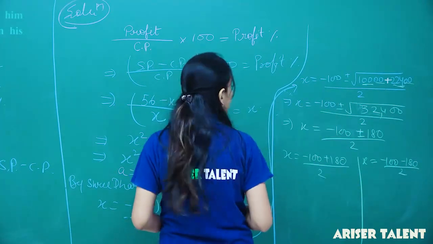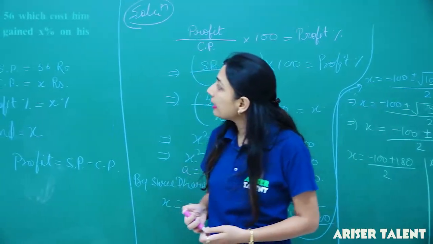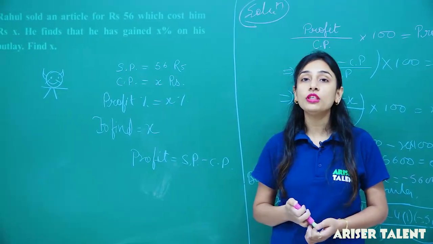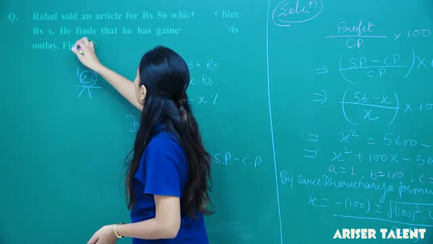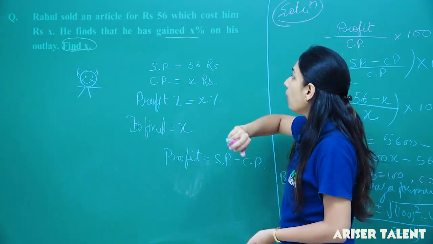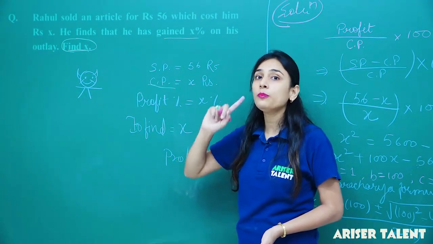Now the question is about profit and loss and we have to find x, and x is the percentage gain. So percentage gain will always be positive. Okay, so here I want to find x, which is the percentage gain and also the cost price. So I will take only the positive value.